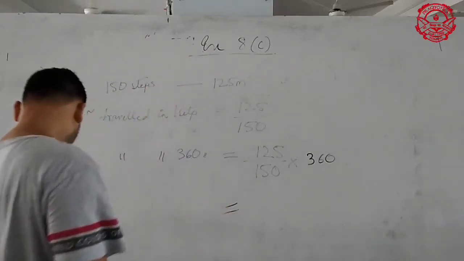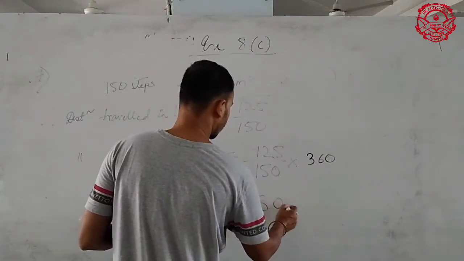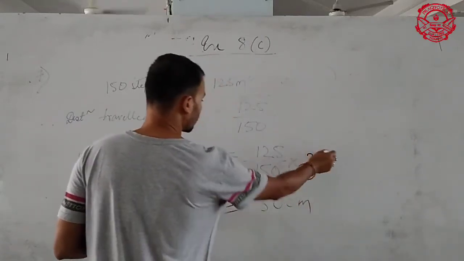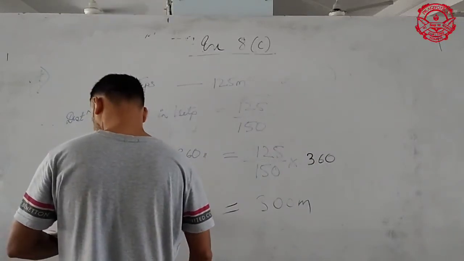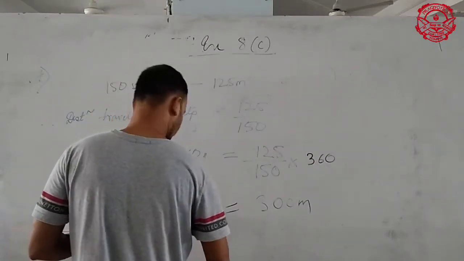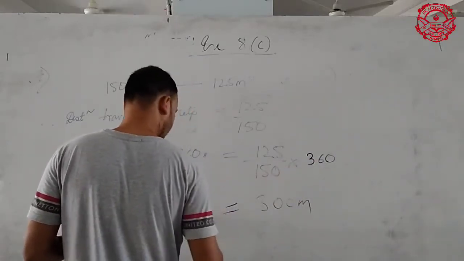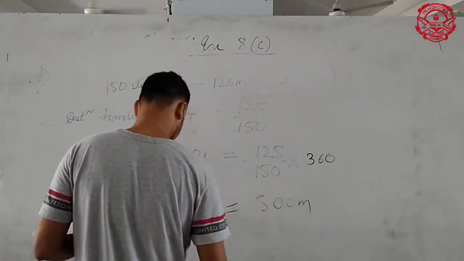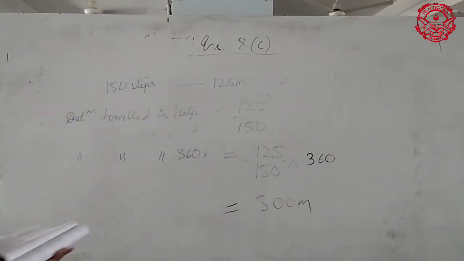Solve it. After solving this, you will get 300 meters as the answer. It is not 2, sorry, it is 360. You do this, you will get answer 300 meter. Fine. Okay.